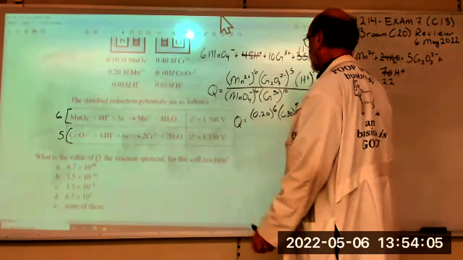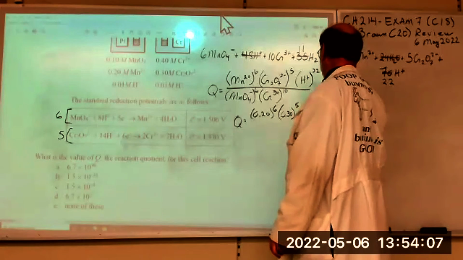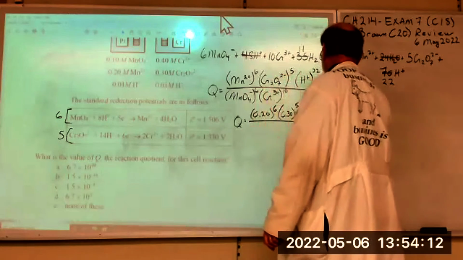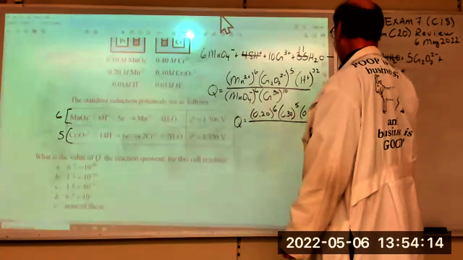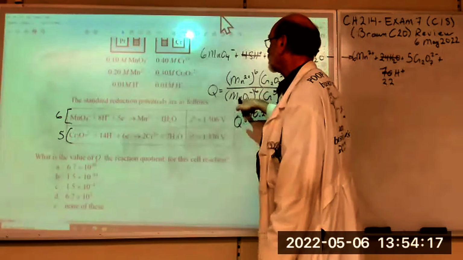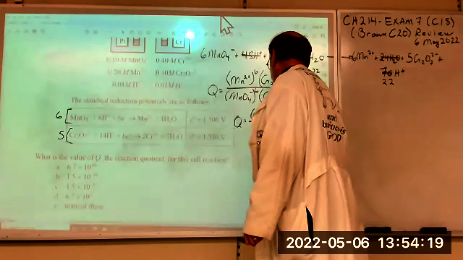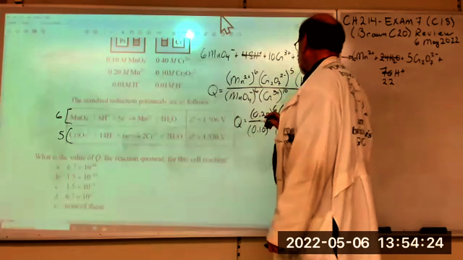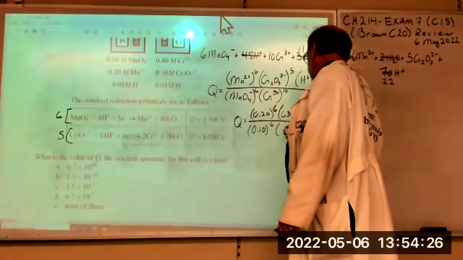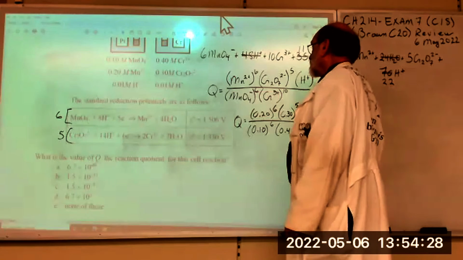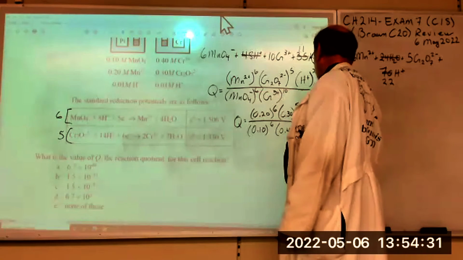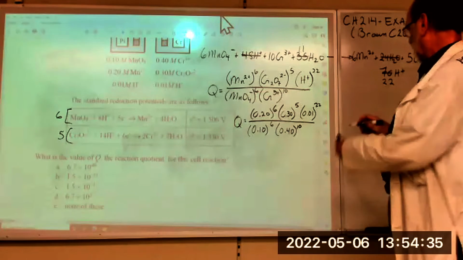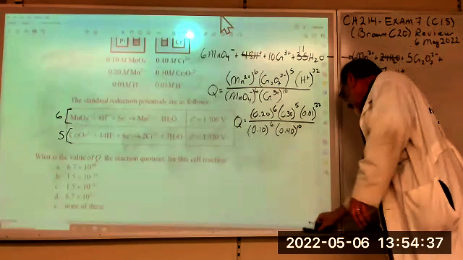Oh, hydrogen ions are 0.01 to the 22nd power. And MnO4 minus is 0.1 to the 6th power. And chromium 3+ 0.4 to the 10th power. That's everybody. Yep, now I just have to get a calculator.